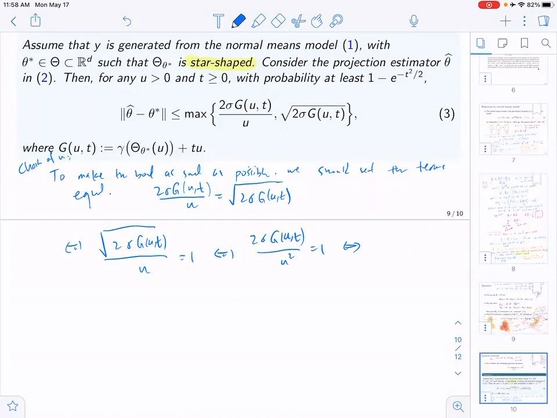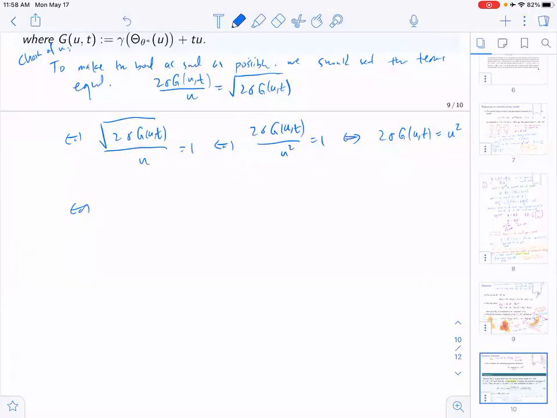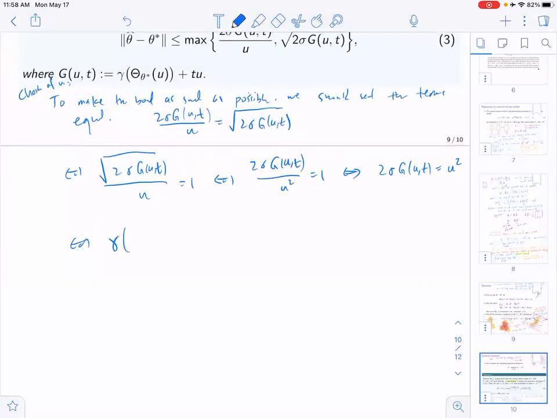Let's see, how do I write this? Yeah, you could say just 2 sigma g(u) t is equal to u star. Okay, or equivalently, if you remember what this is, it's like gamma, that's the g.